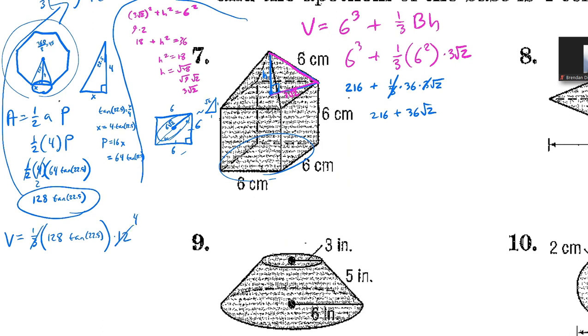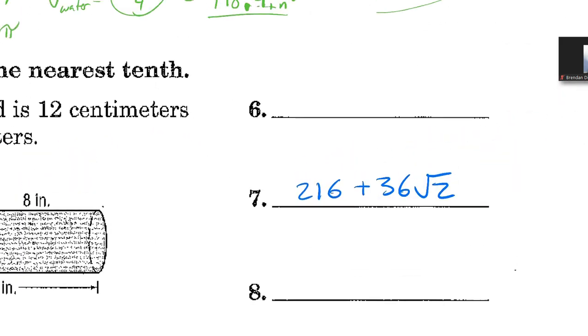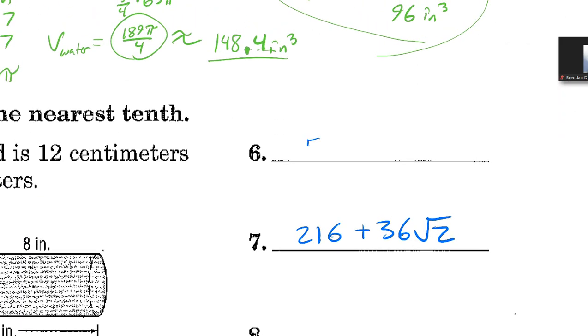So 4 times 128, double checking in my head, is 512. That's what it is, 512. So the volume is 512 tangent 22.5. Okay, so that was number 6. 512 times tangent of 22.5.